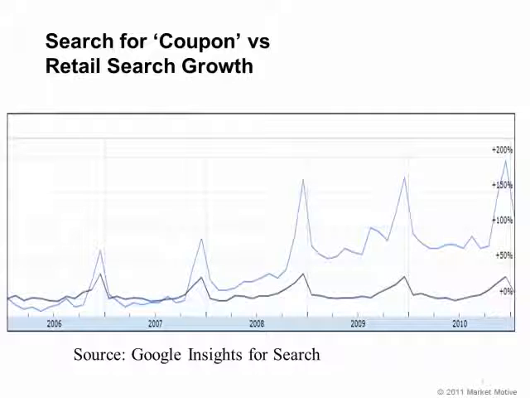So retail search has obvious upward trends during Christmas time. However, the searches for coupon have larger growth peaks during the holidays. So users are increasingly searching for deals, so make sure you're advertising on coupon words such as your product names with the word coupon attached to the word, or coupon plus your industry.